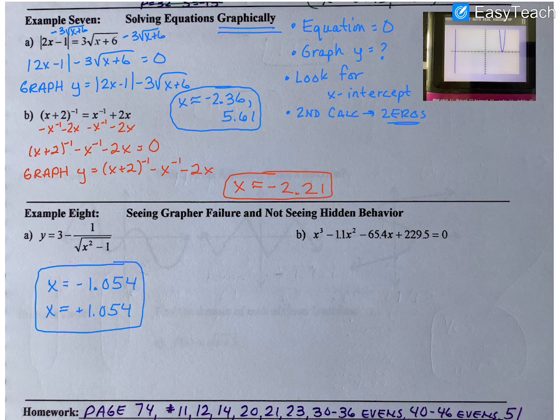So I'm going to go into my window, and I'm going to change the max of how high the y's go. Based on the 229.5, I'm going to throw in a 300 number just for my y max. That's the only thing I'm changing so I can see the rest of this graph. I'm going to hit graph and see what it looks like. Well, it still goes off the screen.